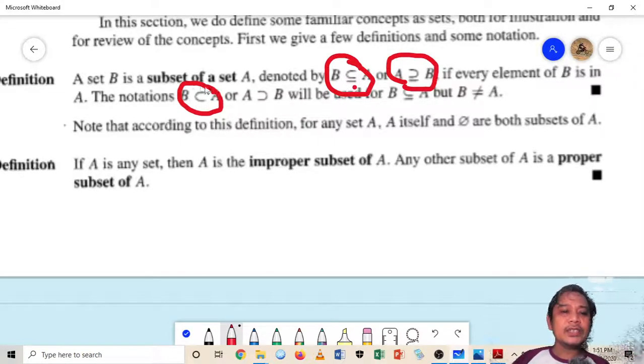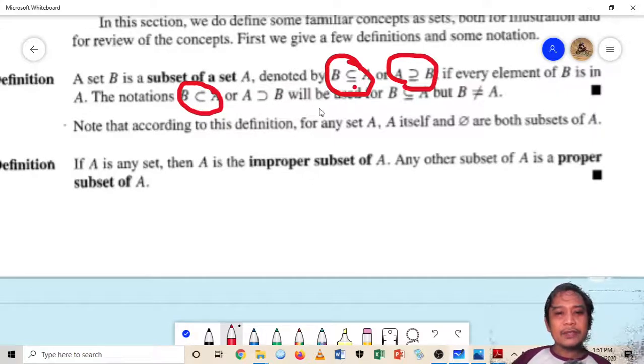So we only use this symbol if we know that B is a subset of A, but A is not a subset of B. By the way, when we say A is not a subset of B, meaning there are elements in A which cannot be found in B. Okay? So that is how we prove that A is not a subset of B.